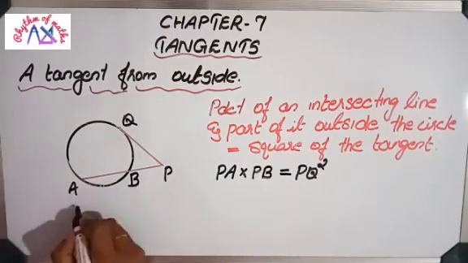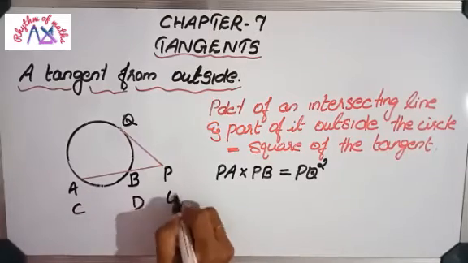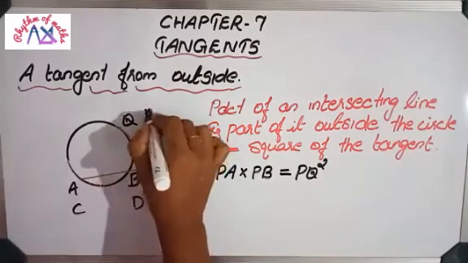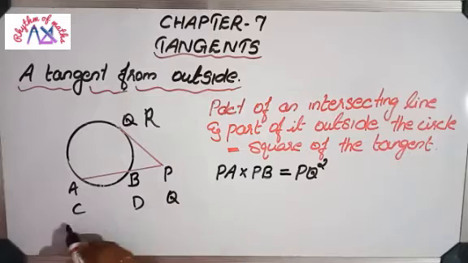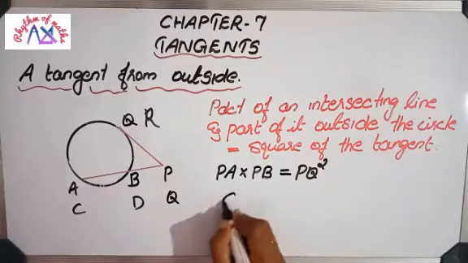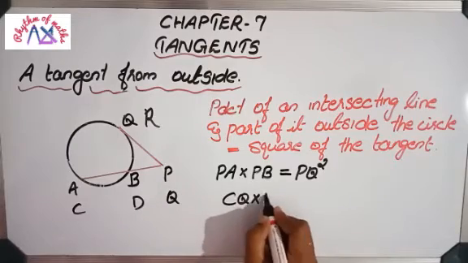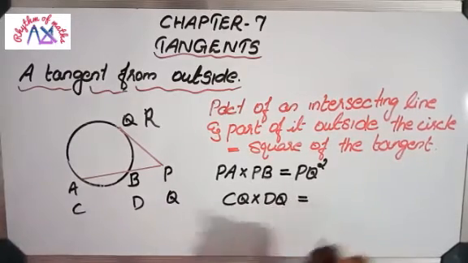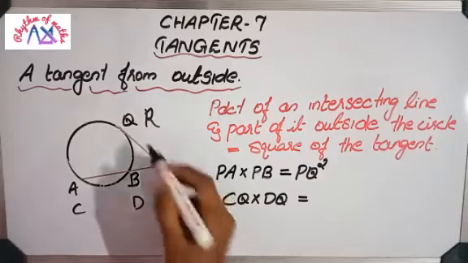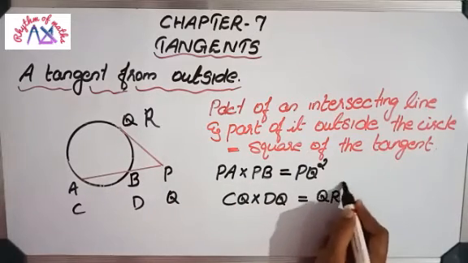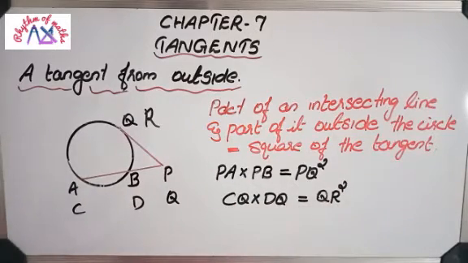Suppose here C, D, Q, and here it is R. Then we will write the complete line CQ into the part outside the circle DQ equals the square of the tangent, QR square. Just understand the concept. So PA into PB equals PQ square. This is the third one.